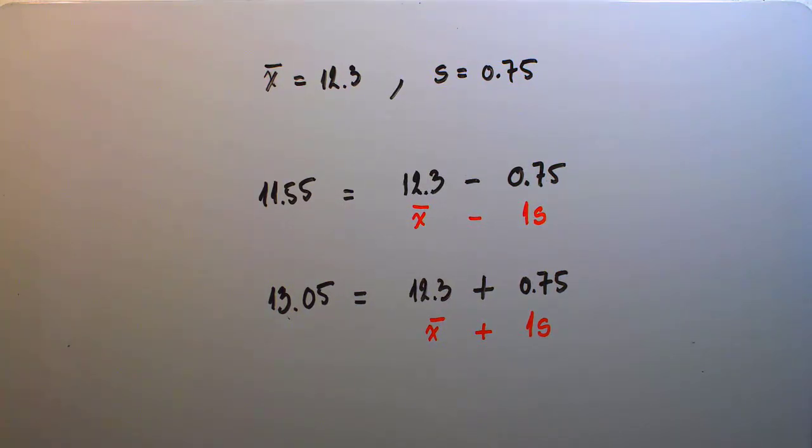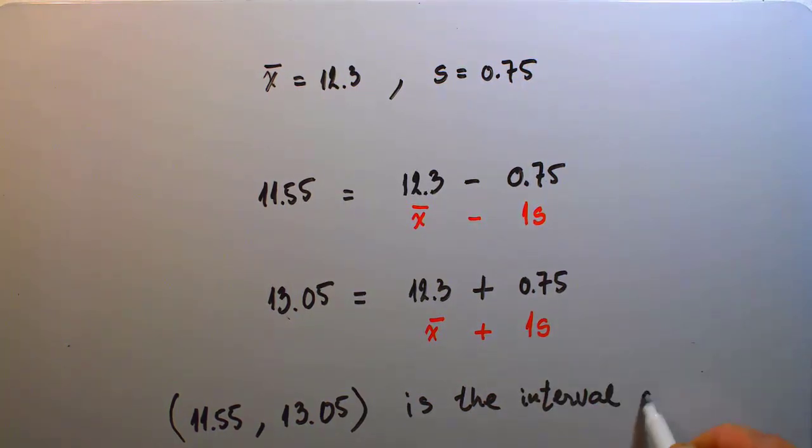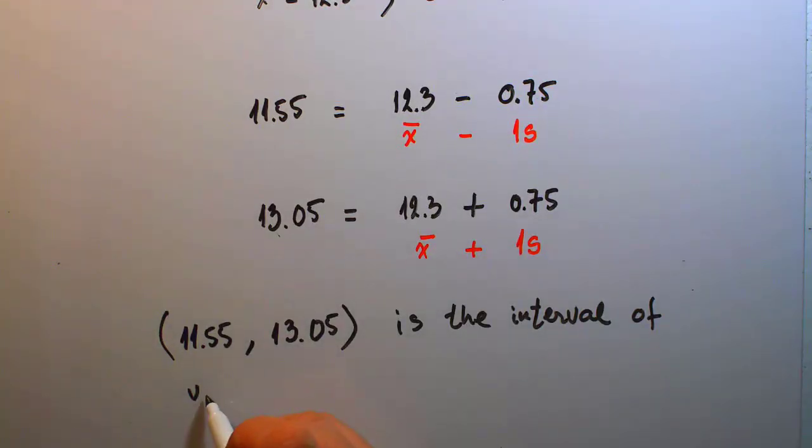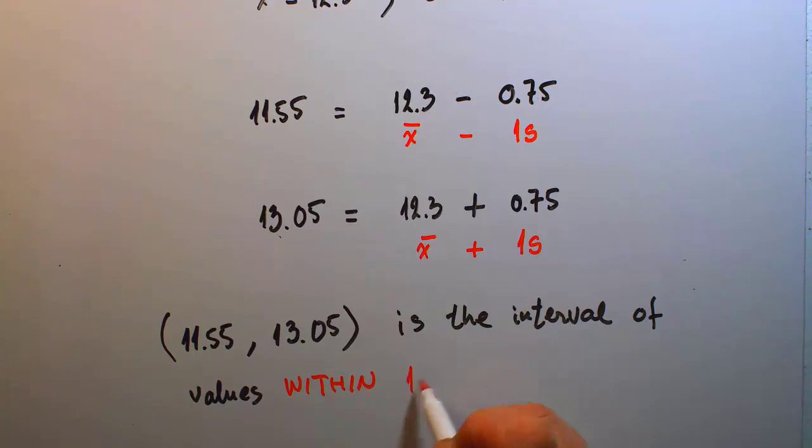So in other words, we run into that kind of interval again. I can conclude that 11.55 to 13.05, anywhere in that interval, is the interval of values within 1 standard deviation from the mean.